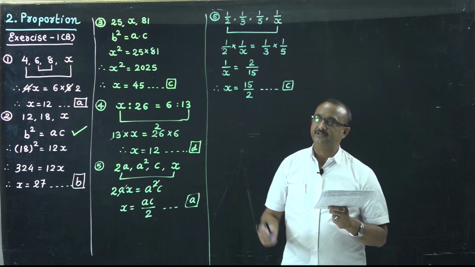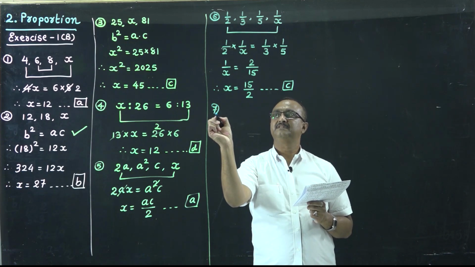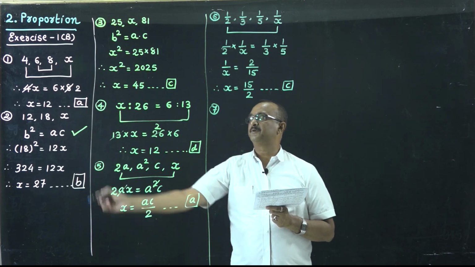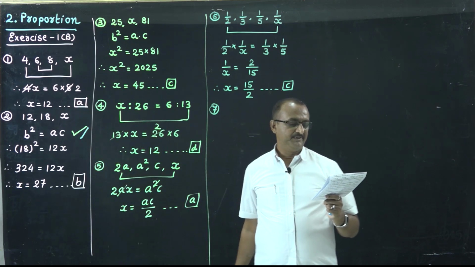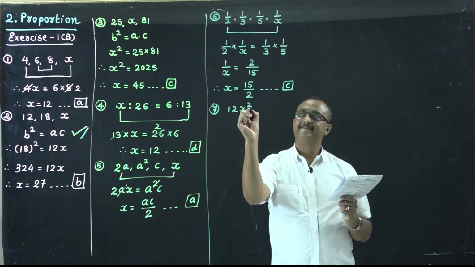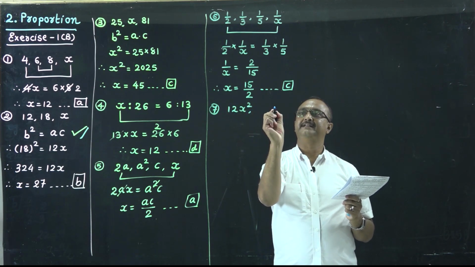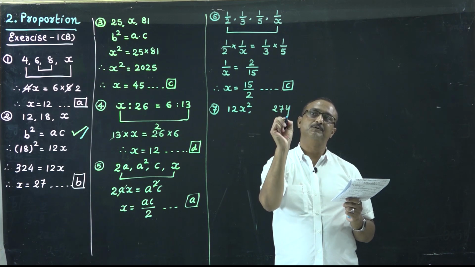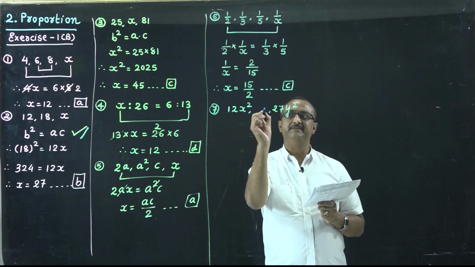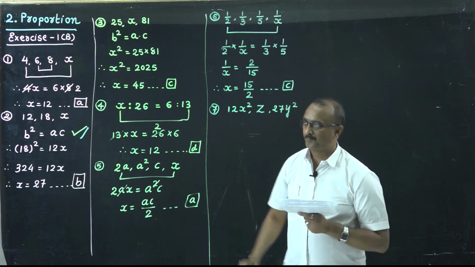Okay, now question 7. The mean proportional between 12x square and 27y square. Okay, mean proportional is asked. We are taking the mean proportional equal to z.